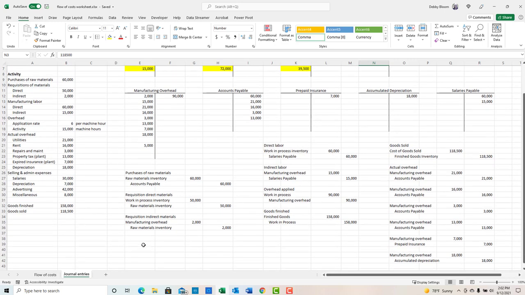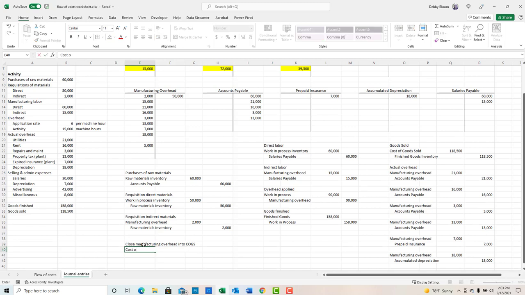So now to close the manufacturing overhead into cost of goods sold, because manufacturing overhead has a debit balance, we're going to need to credit it.